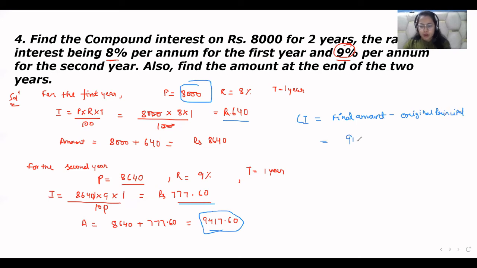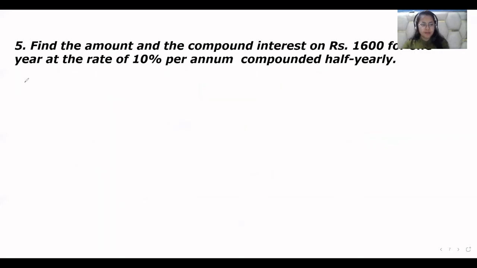Final amount is 9,417.60 and our original principal is 8,000. After eliminating, we get 1,417.60. I hope it's clear and it's easy to apply. Yes. So now forward to the next question.